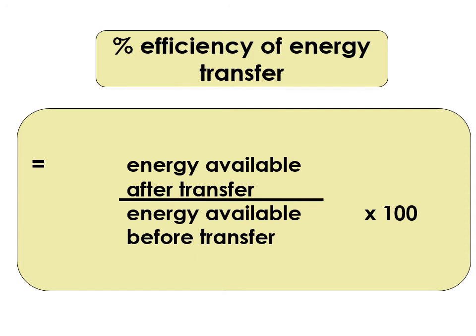Then you would need the energy available before the transfer, which is the energy in the biomass of the primary consumer, which was 4,032 kilojoules per meter squared per year.